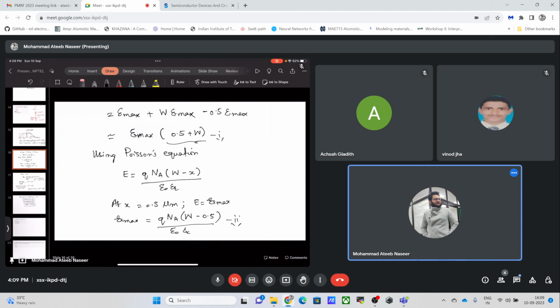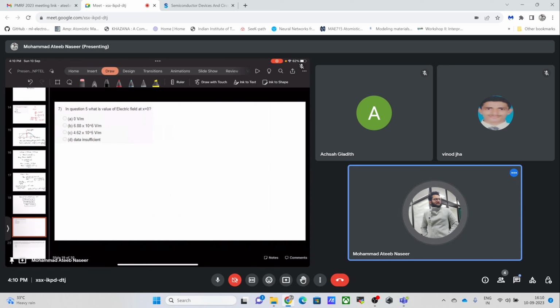Yes, this expression: phi bi is equal to E max times 0.5 plus W in micrometers. Okay, so it would simply mean this phi bi is equal to E max times W plus 0.5.